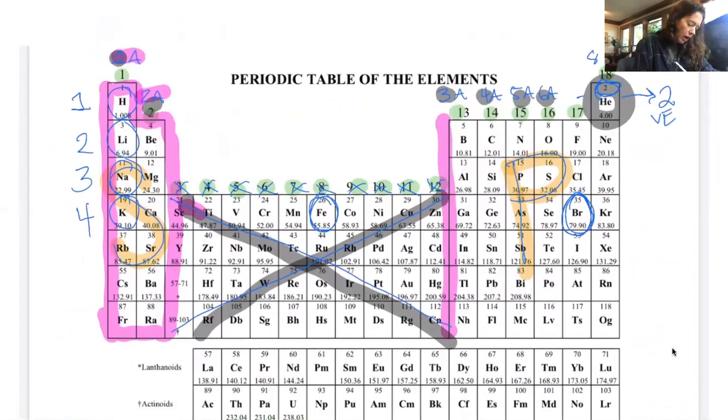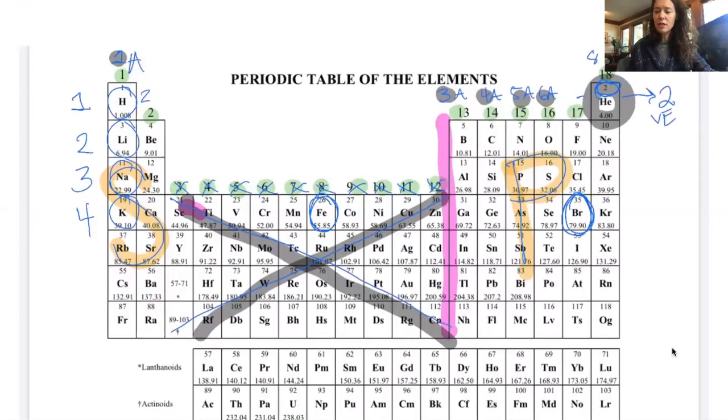Now, please try with me. I know this is hard on your own, but you're not on your own. I'm teaching you. Hydrogen is in group 1, because hydrogen is in group 1, I know that he's got 1 valence electron. Hydrogen is in period 1, therefore I know that his valence electron is on the first energy level.